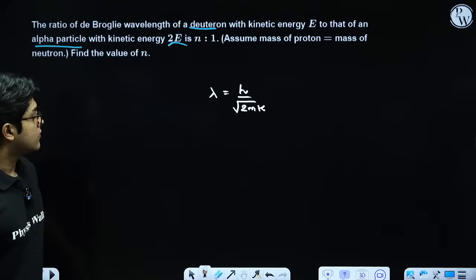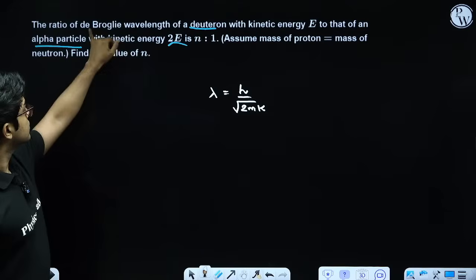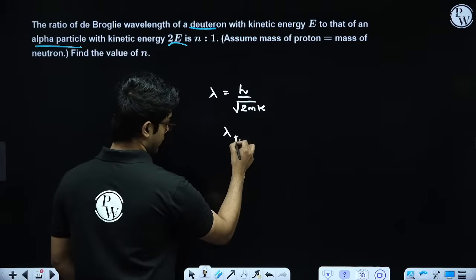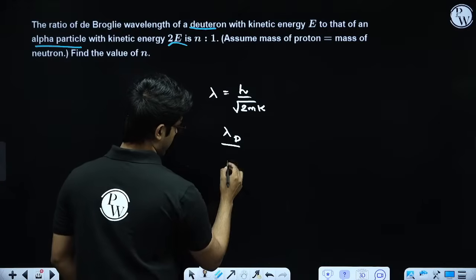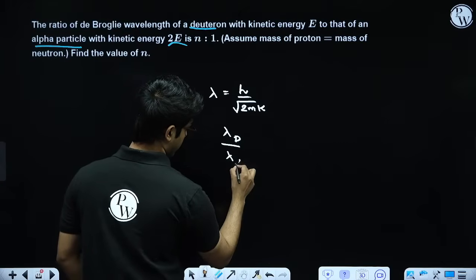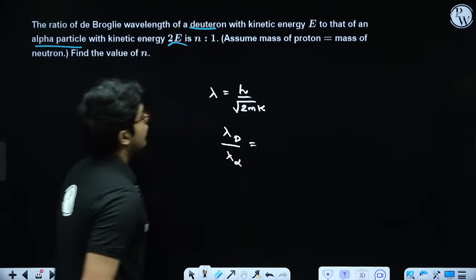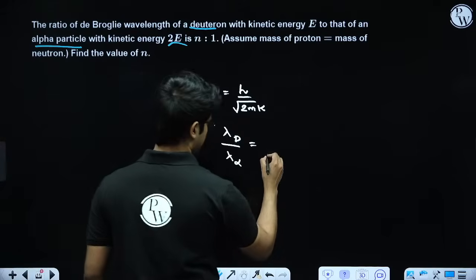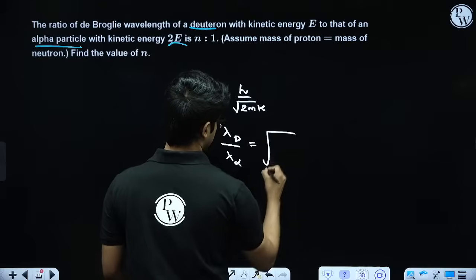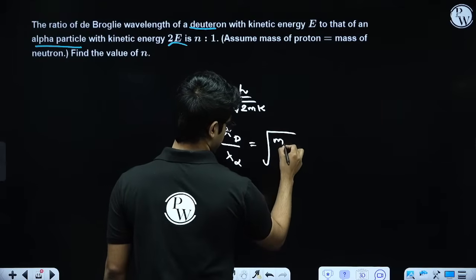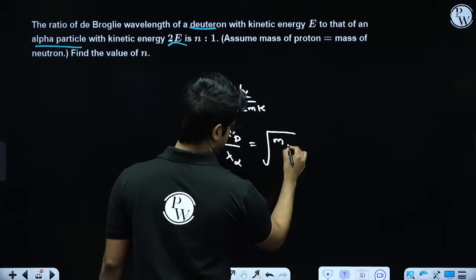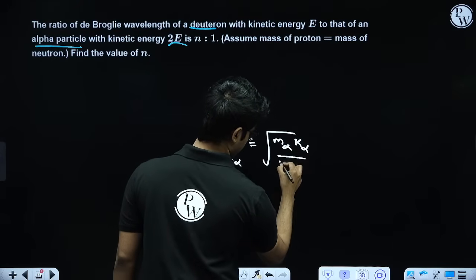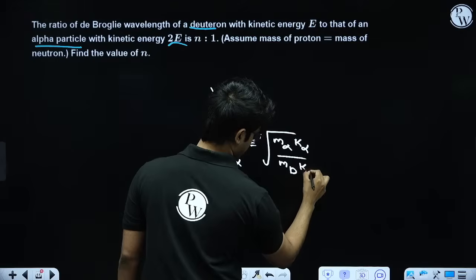Okay, so now it's just about taking the ratios. So what we need is lambda of the deuterium atom divided by the lambda of the alpha particle. Okay, all right, so the h cancels out, 2 cancels out, and what we are left with is square root of mass of alpha particle times the kinetic energy of the alpha particle divided by mass of deuterium times kinetic energy of deuterium.